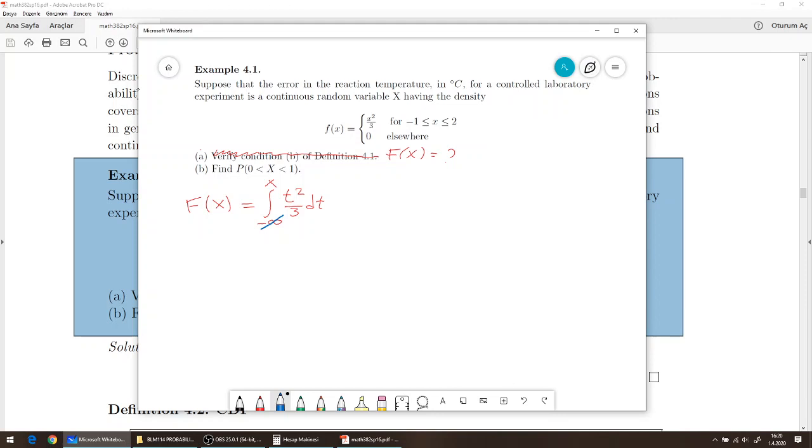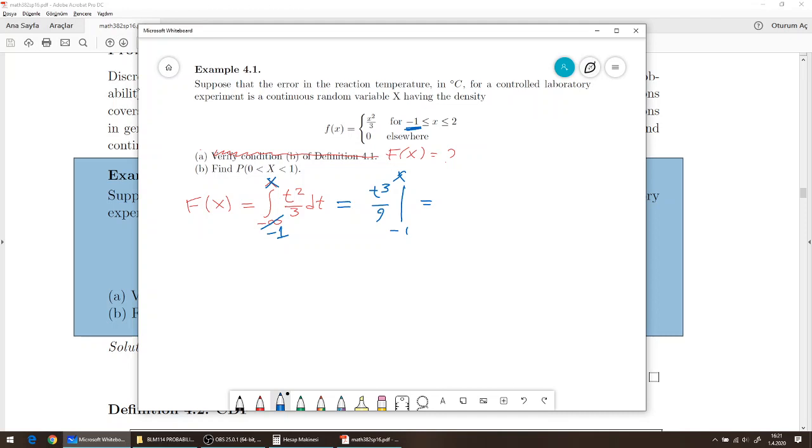Yes, our function starts from minus 1. So instead of minus infinity, we will use minus 1 here and x here. X is important. This is t cubed over 9, as you know, from minus 1 to x.